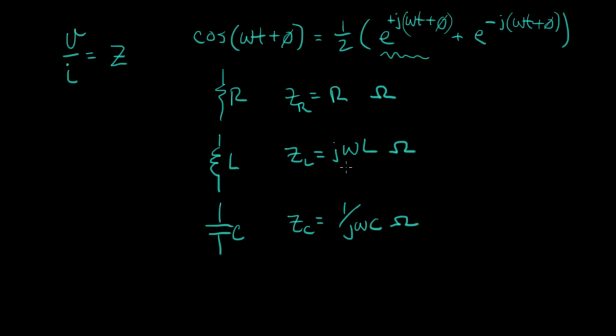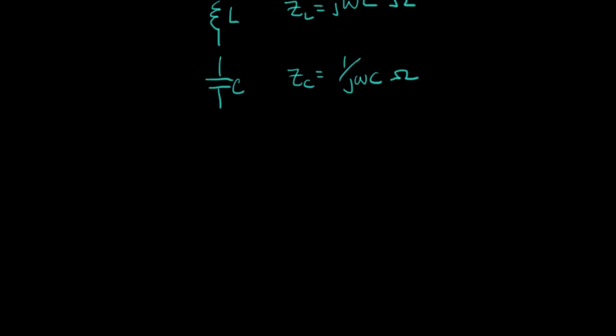So in the rest of this video, I want to qualitatively look at the value of these impedances and specifically look at what happens when there's a range of values of the omega term. What happens at zero frequency and low frequency and high frequency and infinite frequency. So let's go ahead and do that. We'll measure frequency as radian frequency.